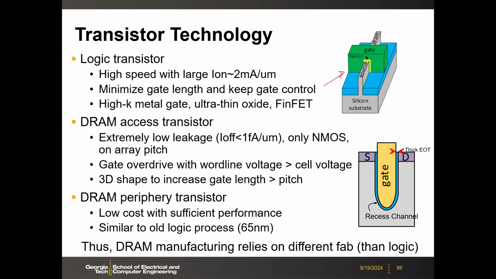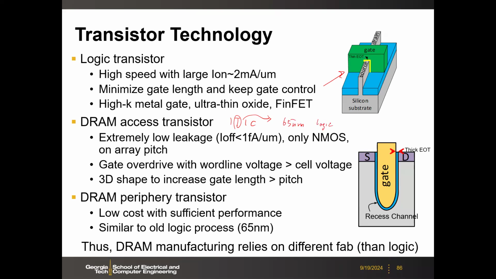So DRAM access transistor is different. This 1T, 1C, this T is more equivalent to today's, in terms of the performance, more like a 65 nanometer logic transistor.